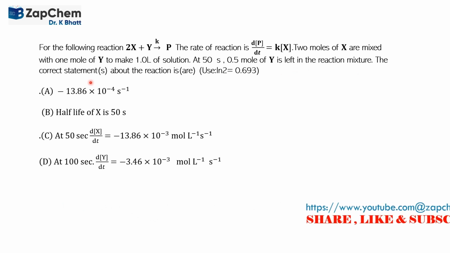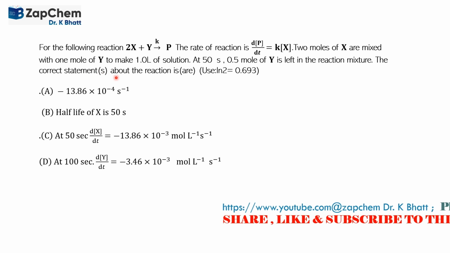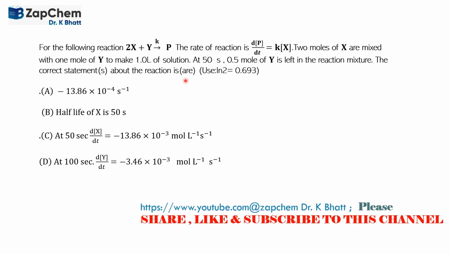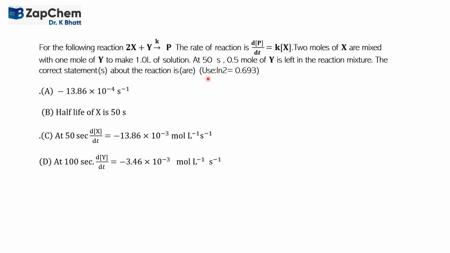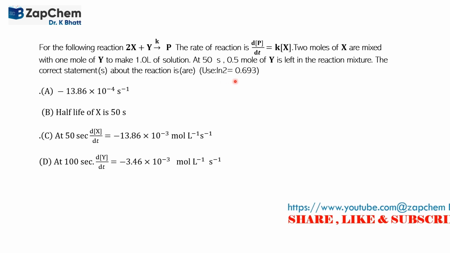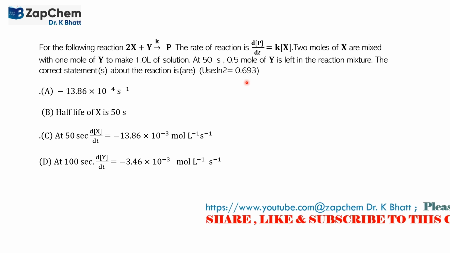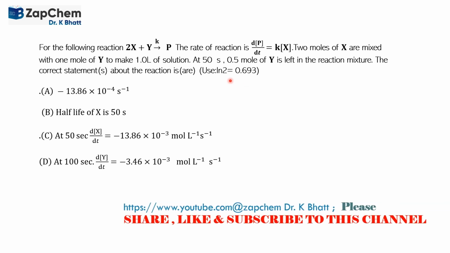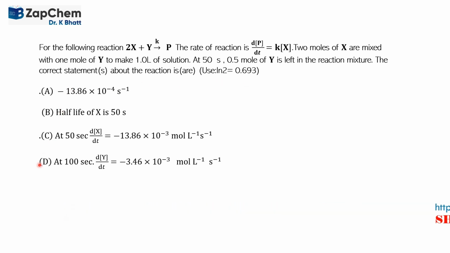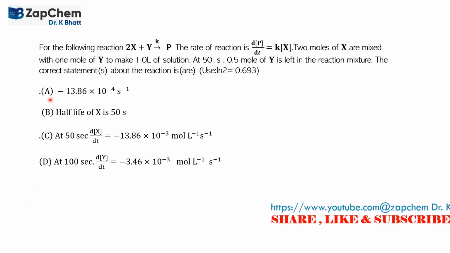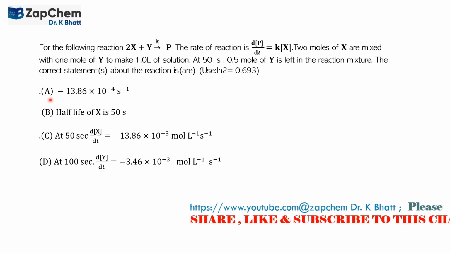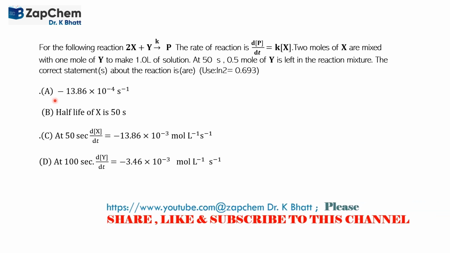The correct statement or statements about the reaction are to be identified, and ln 2 is given equal to 0.693. Thereafter, the half-life period is given in options A, B, C, D. In the first case, the rate constant is to be checked.